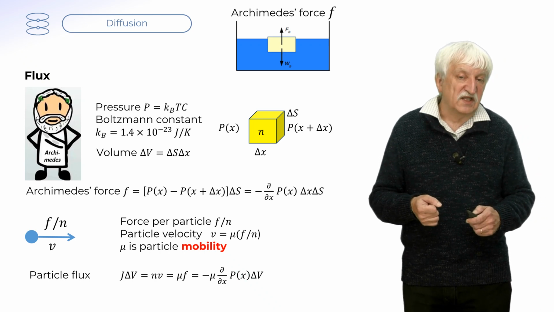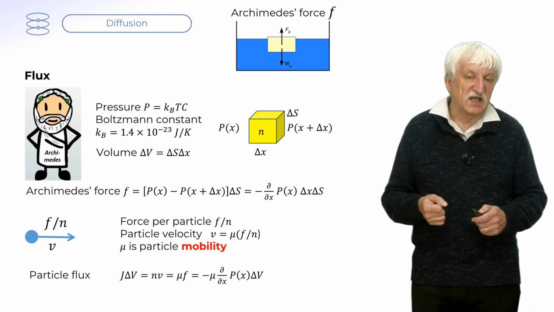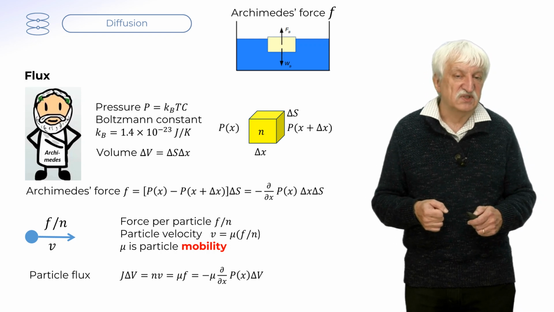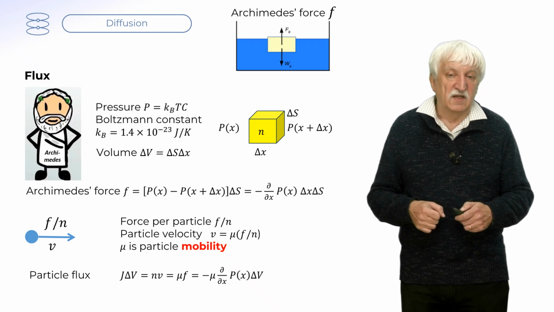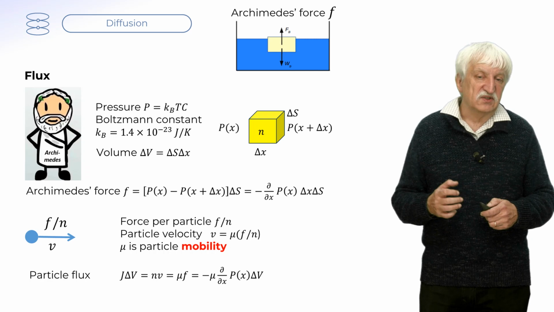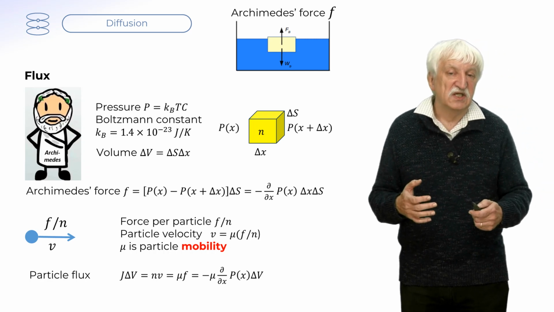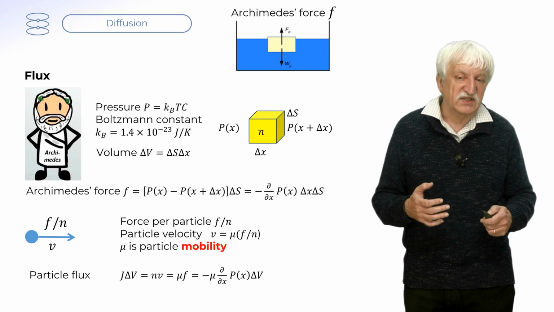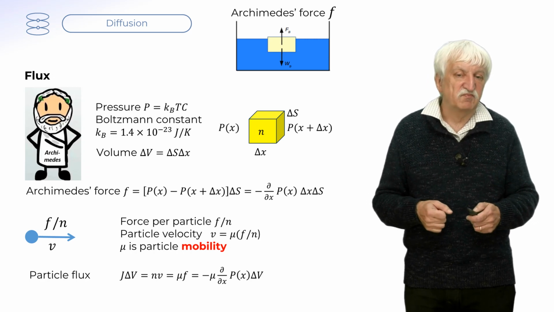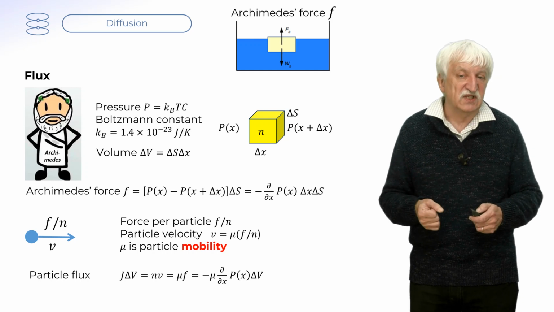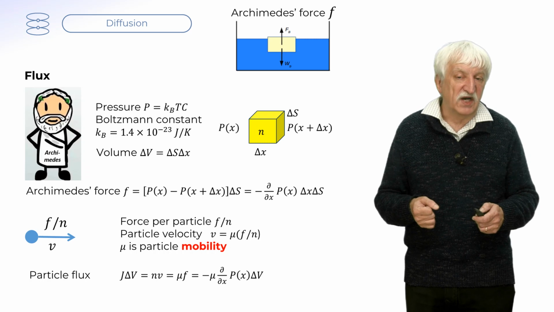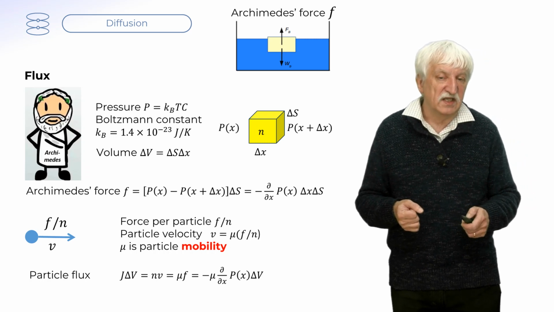And for small delta x, it can be written as the first derivative of the pressure times delta x delta S, which is just the volume. So far we calculated the force acting on this volume, which has n particles inside. The force per one particle can be found by dividing this force by the number of particles, F over n.